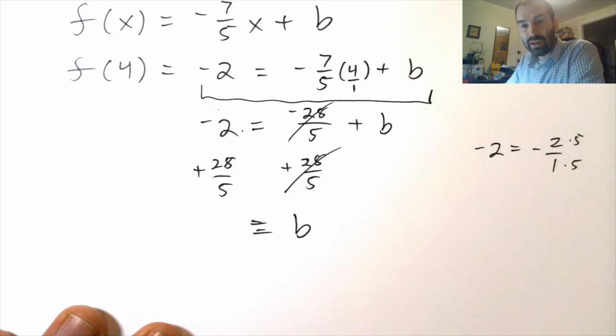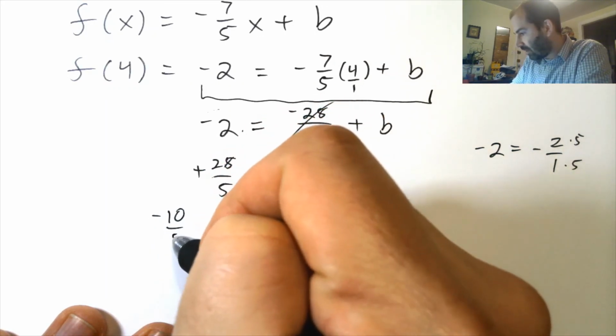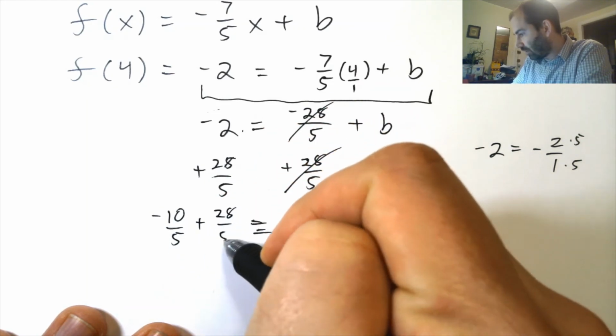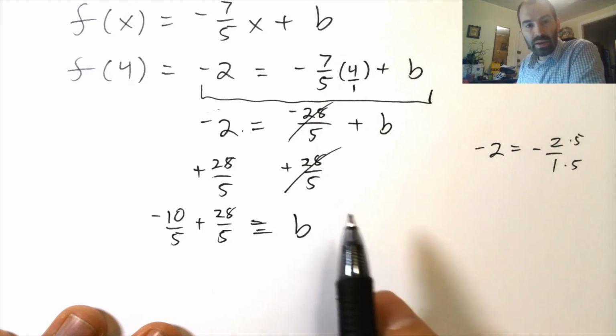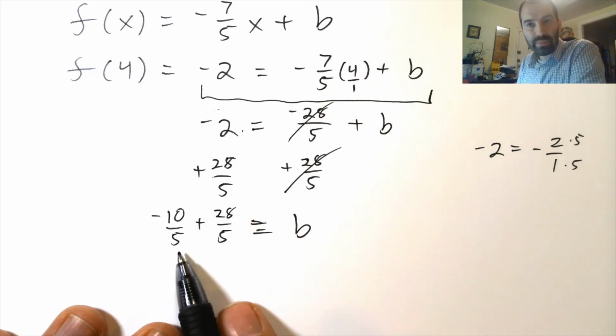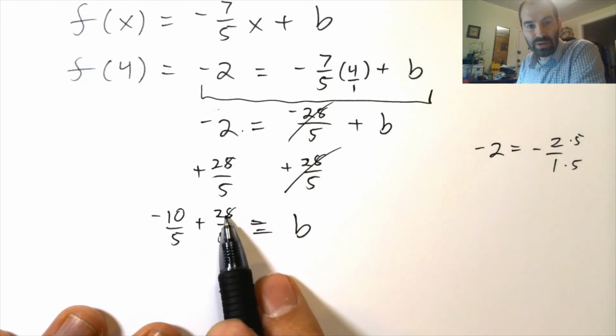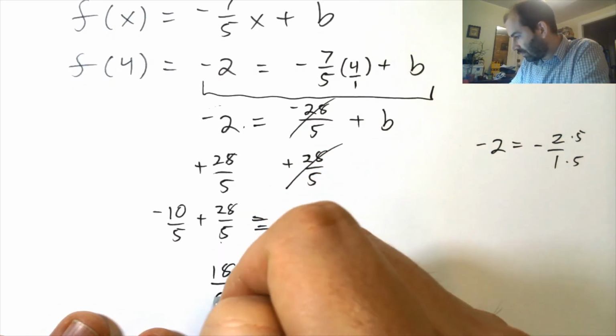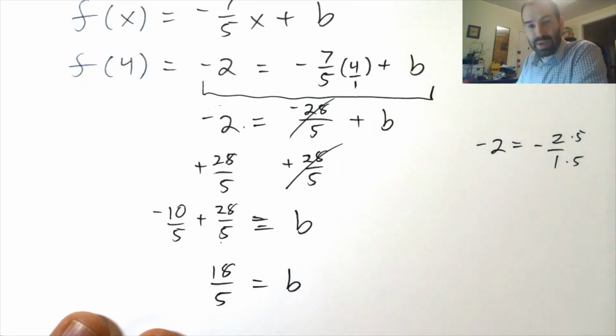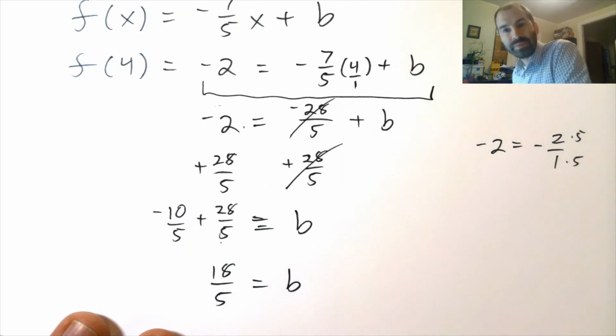Right? What do you get? You get negative 10 over 5. So that's what I have. I have negative 10 over 5 plus 28 over 5. Add them. The denominators are the same now, so you just add the numerators. So we get 18 over 5 equals b. There's our b.